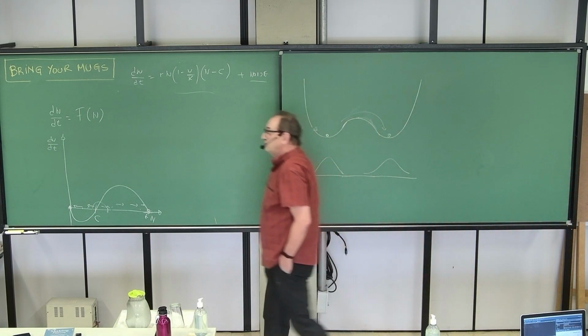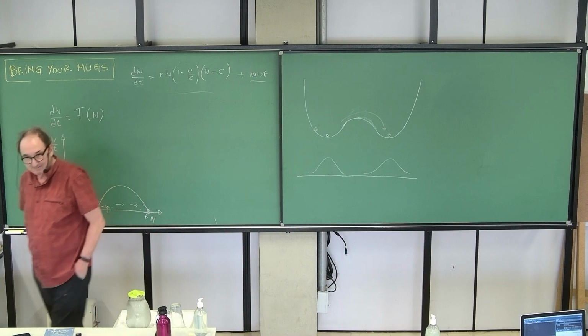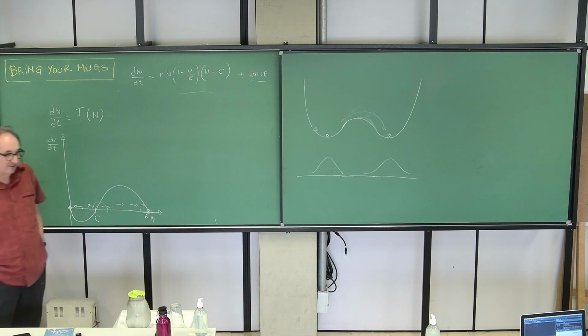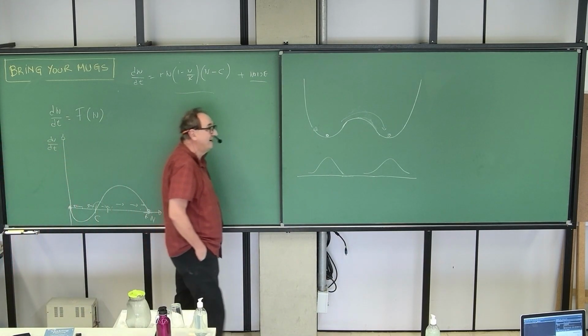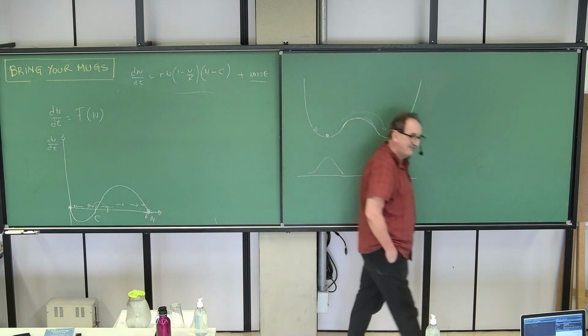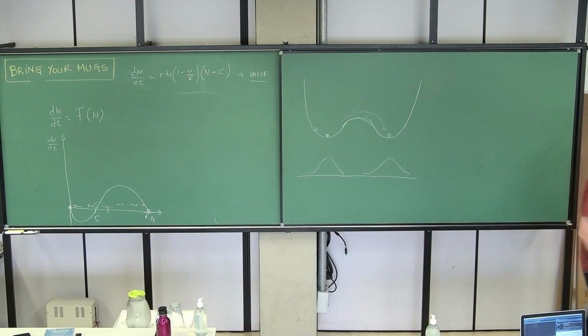So how could you monitor your system and know if you are very close to having a transition or not? Because mathematically the transition is almost instantaneous, but obviously it takes time to go to the transition.